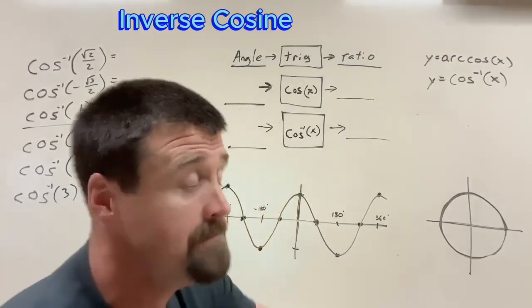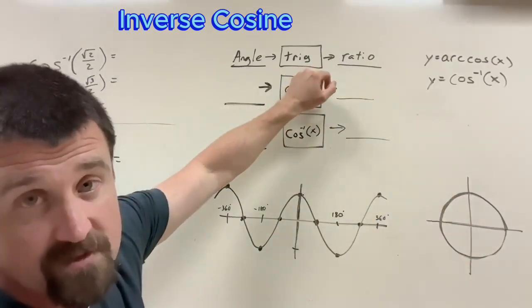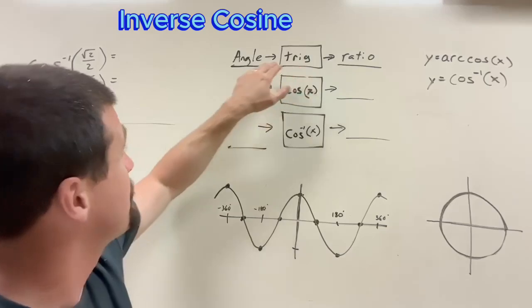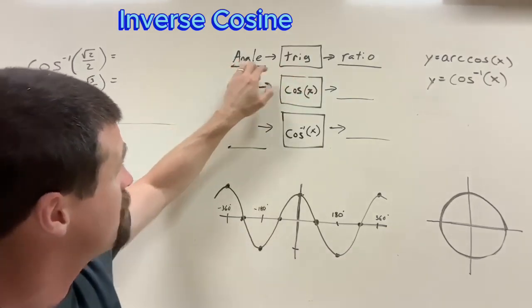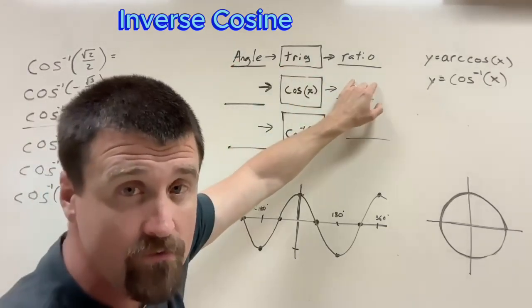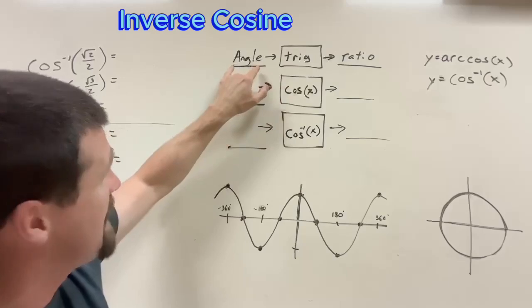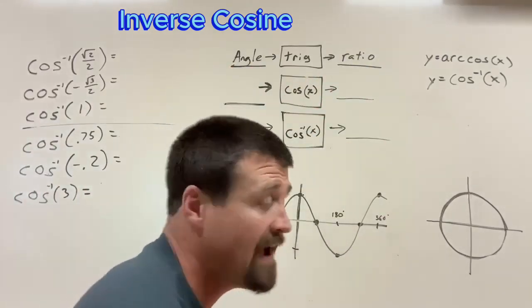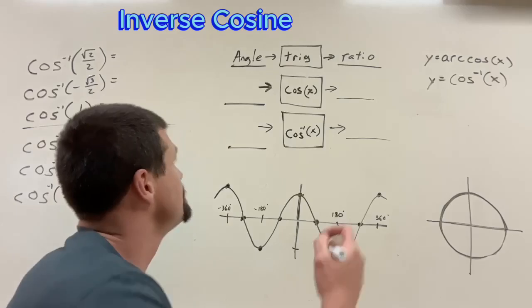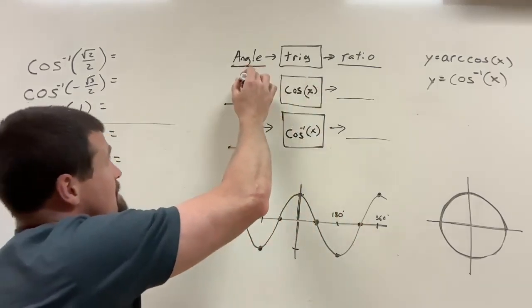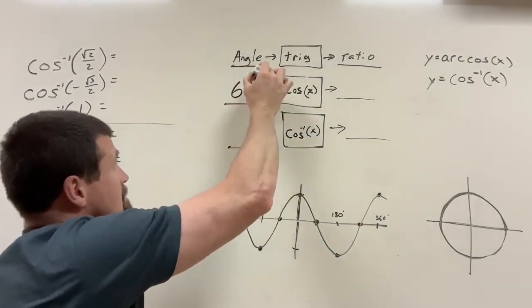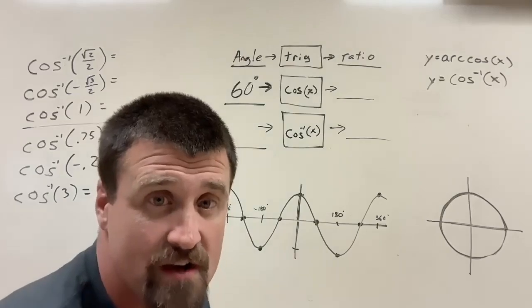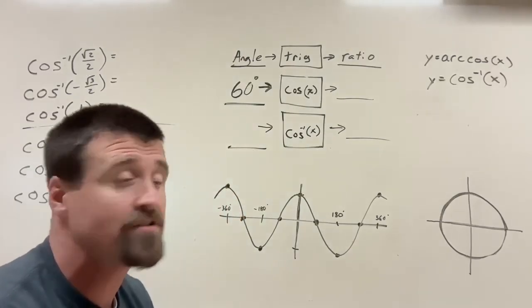What does that mean? Well, regular trig functions, sine, cosine, tangent, you input angles and they give you ratios. For cosine, we plug in an angle, it gives us the adjacent over the hypotenuse, okay? So for instance, if I were to plug in 60 degrees, what's the cosine of 60 degrees?